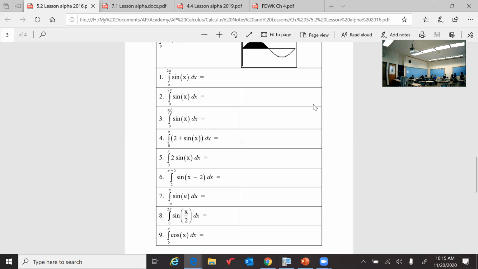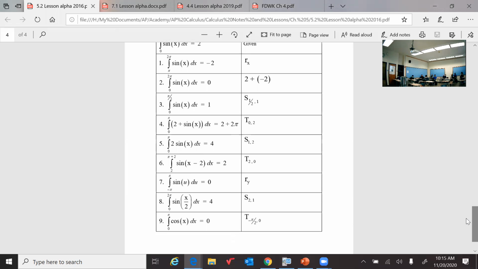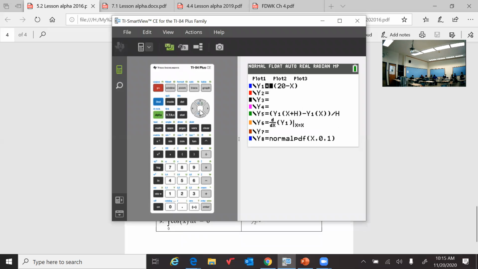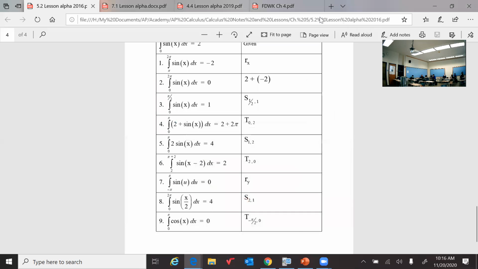And 8 would be 4. Ready? It's the sine of x over 2. You did a scale change of 2 to the x and 1 to the y. So if I graph that, and we make the window go from 0 to 2 pi.